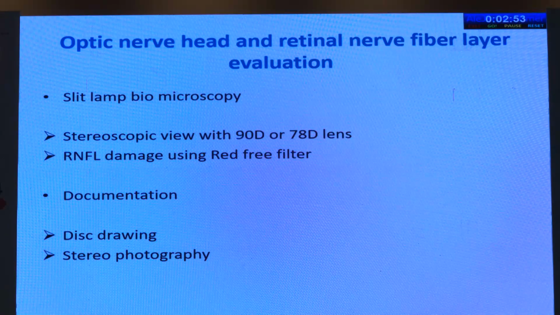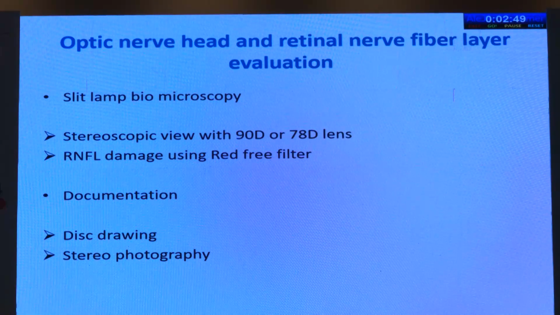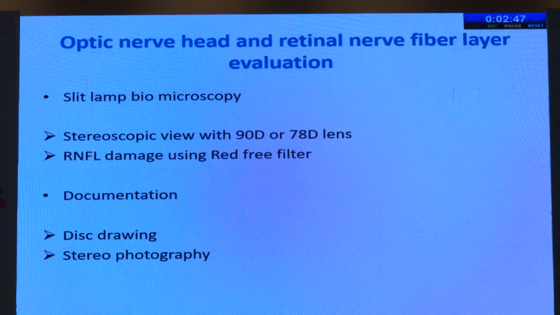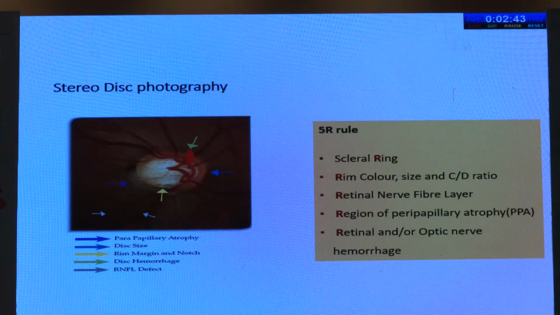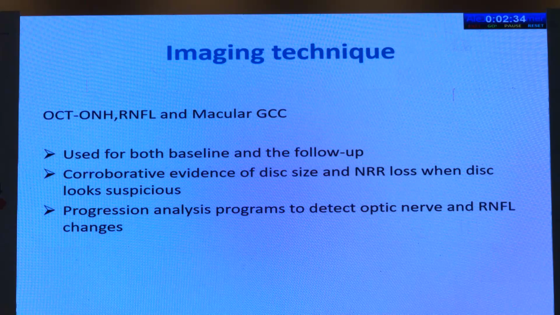Ideal will be a stereoscopic view with a 90 or 78 D lens, and documentation is a must. One should go for stereophotography, or if it's not available, at least document with a disc photo. And not just see the vertical cup disc ratio, but thoroughly evaluate the optic nerve. Imaging technique is important for baseline and follow-up, and progression analysis programs help to detect the optic nerve and RNFL changes.